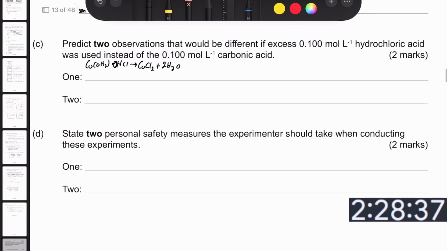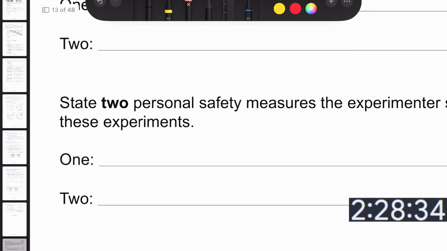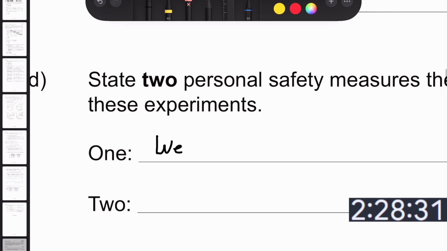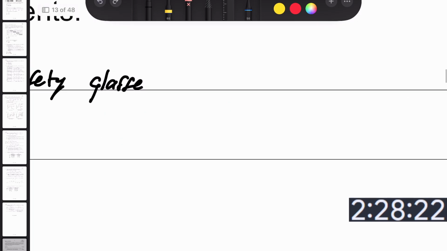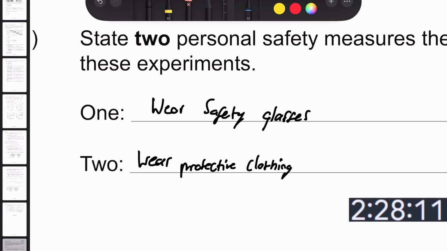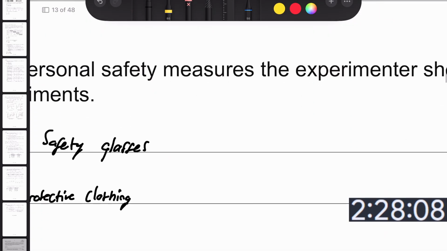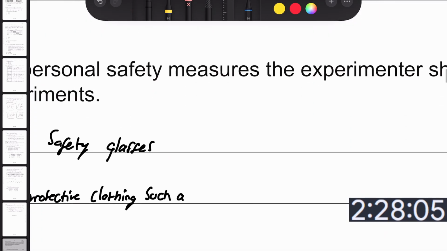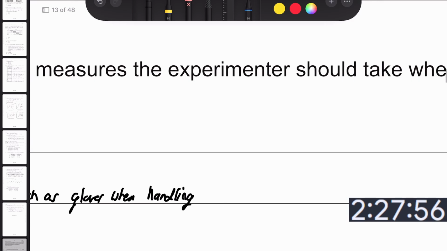Okay. Say 2 personal safety measures the experimenter should take when conducting these experiments. So we should always wear safety glasses. And maybe we should say wear protective clothing, such as gloves, when handling the chemicals in our solutions.